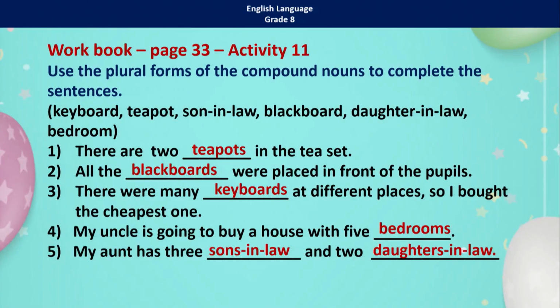There are 2 teapots in the tea set. All the blackboards were placed in front of the pupils. There were many keyboards at different places, so I bought the cheapest one. My uncle is going to buy a house with 5 bedrooms. My aunt has 3 sons-in-law and 2 daughters-in-law.